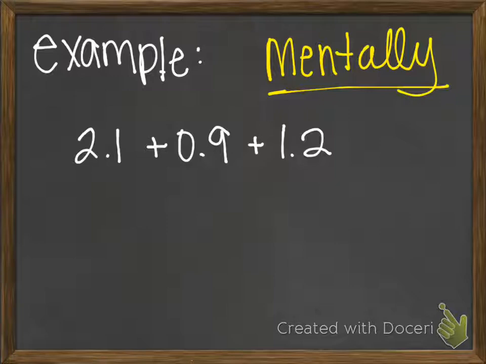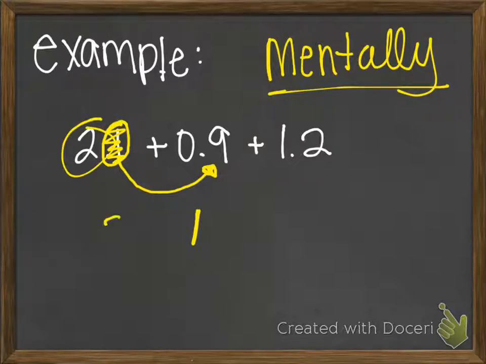Compensation is, if I take this 0.1 and move it over here, what does that make my 0.9? It makes it into a whole number of 1. And then, since I took it away, this just leaves this as 2. So now I have two compatible numbers, two numbers that are easy to add together. And then I still have the 1.2 at the end.